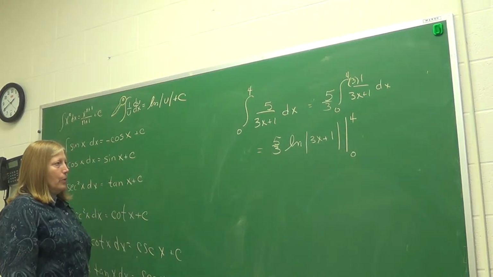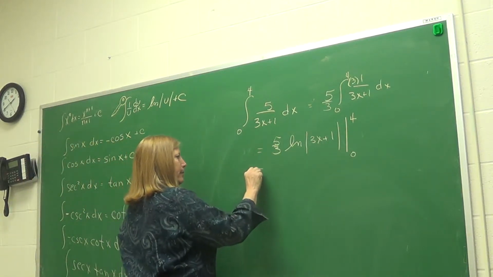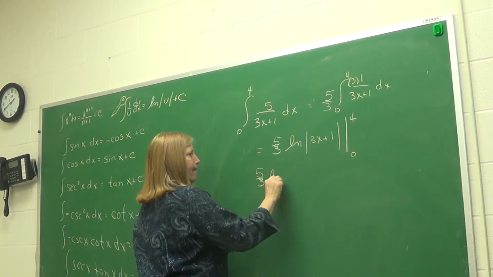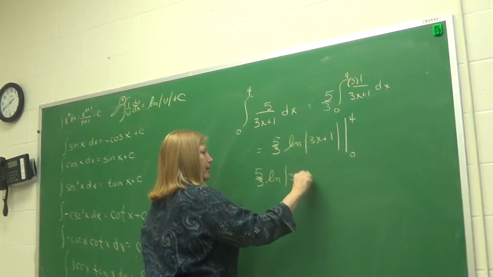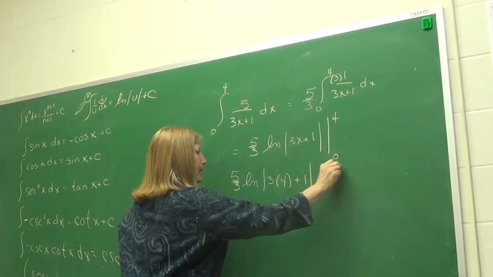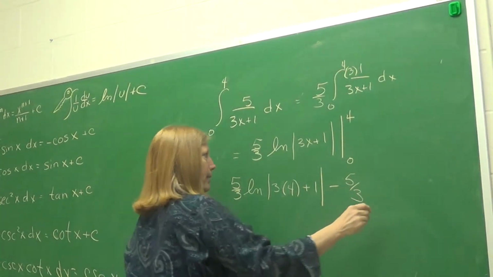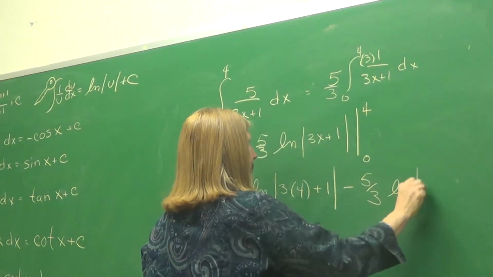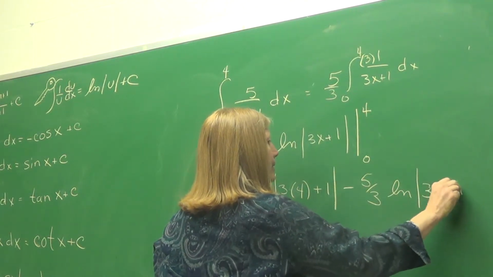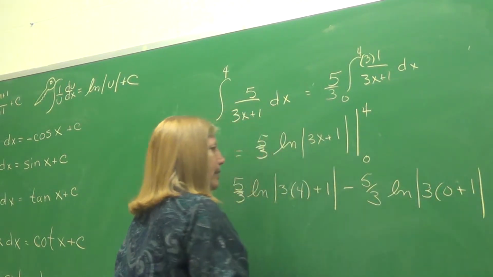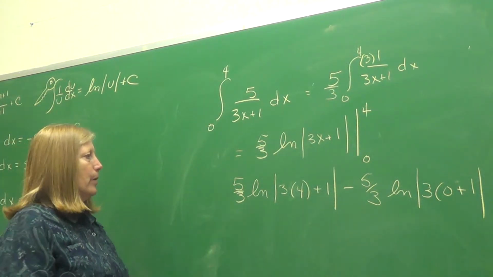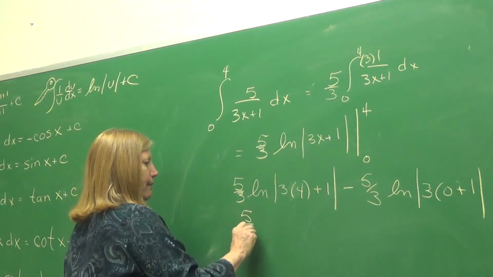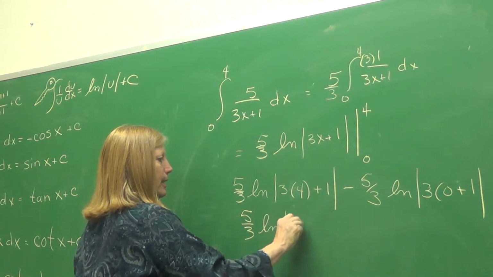So, Erin, which one do we plug in first? 4. And minus the second one. There's no plus C on this definite integral. So on your calculator, what is 5/3 ln of what, 13?